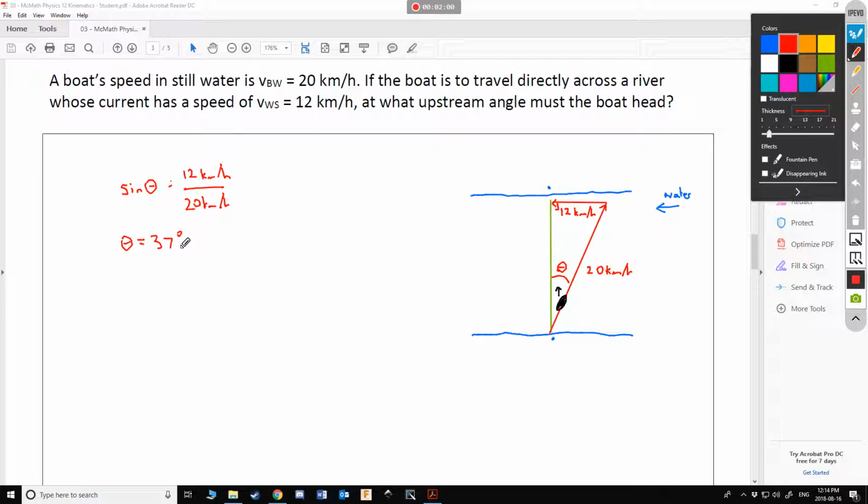Right. We can add a little bit more to this question. The question might be, what is the time to cross the width of the river if the river was 5 kilometers across? Let's add that one in right now.